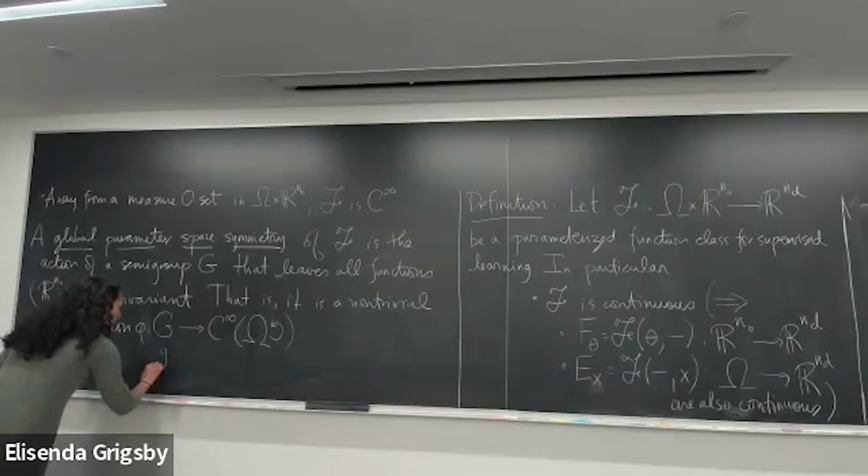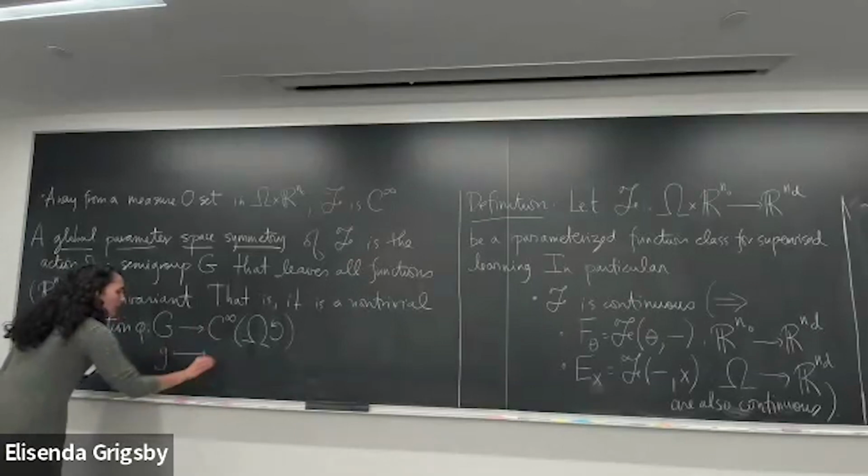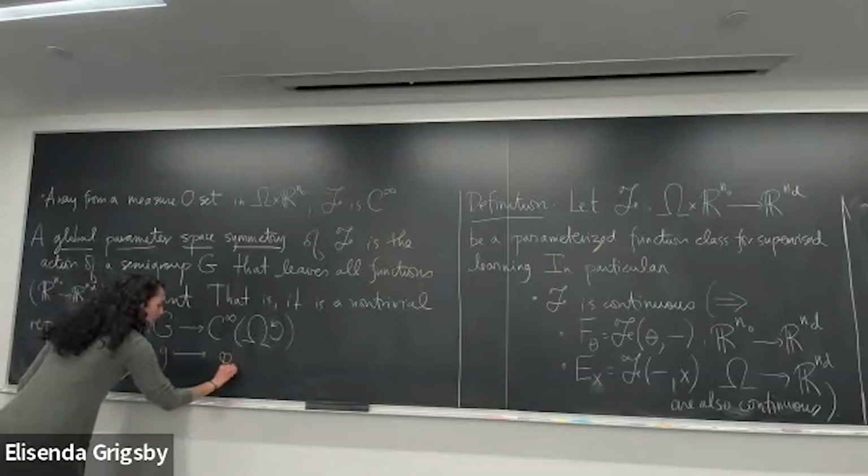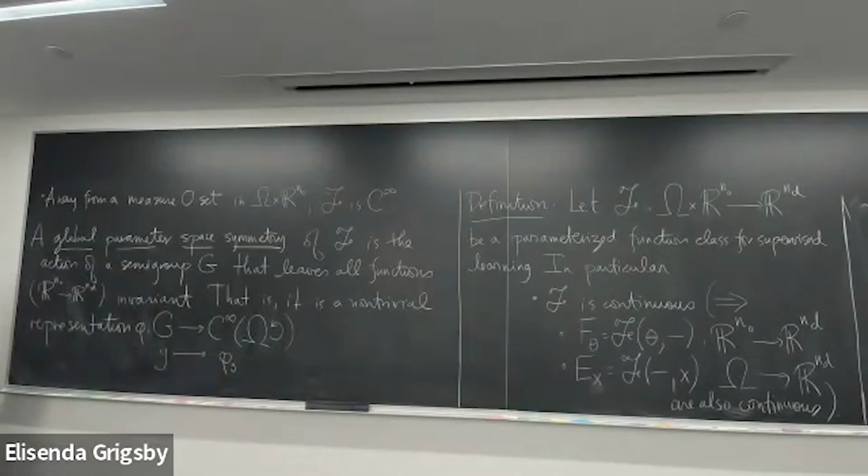So to every group element, sorry, semigroup element, you associate a map from the parameter space to itself.